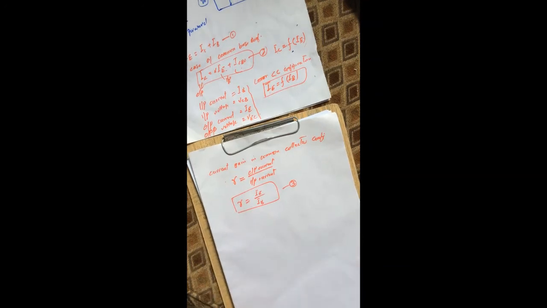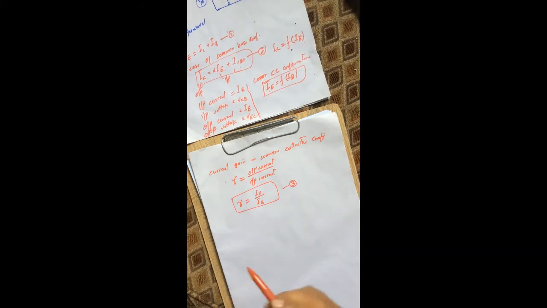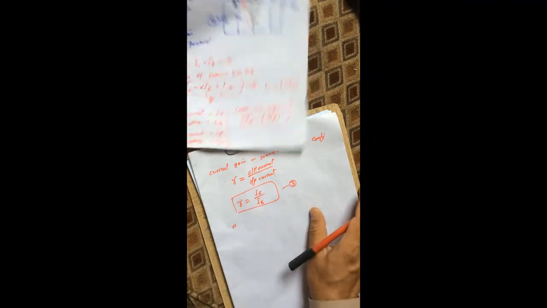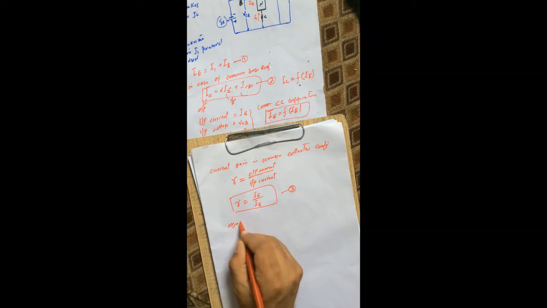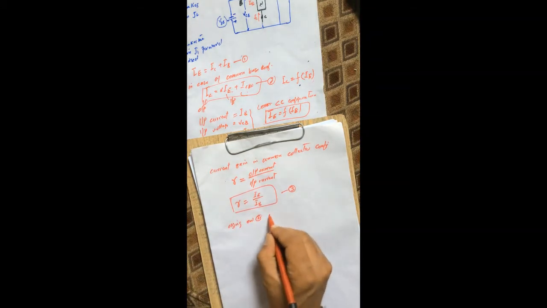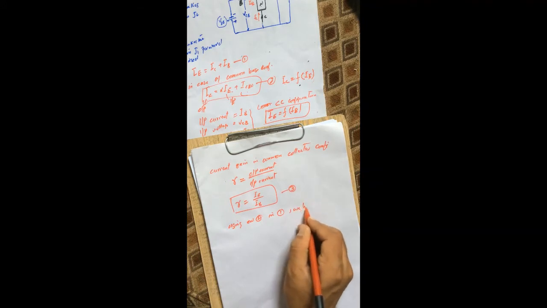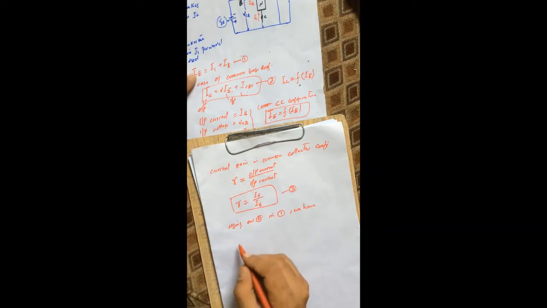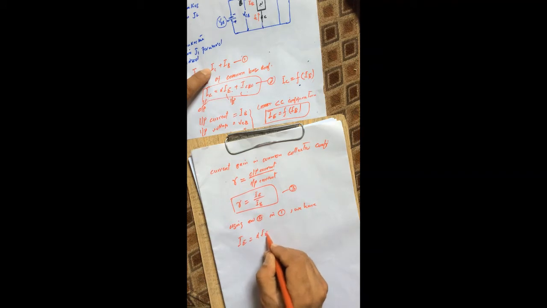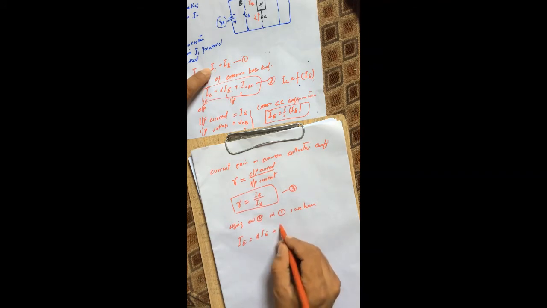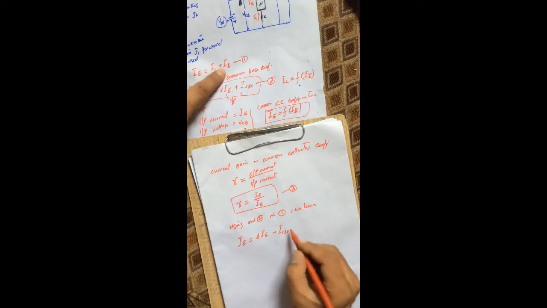Now using equation 2 and equation 1. Equation 1 is IE is equal to IC plus IB. Instead of IC, I will put equation number 2, which is alpha IE plus ICBO, and then we have plus IB.